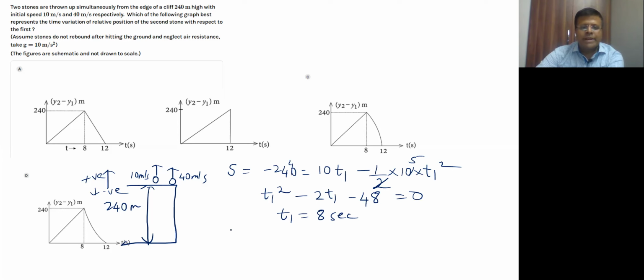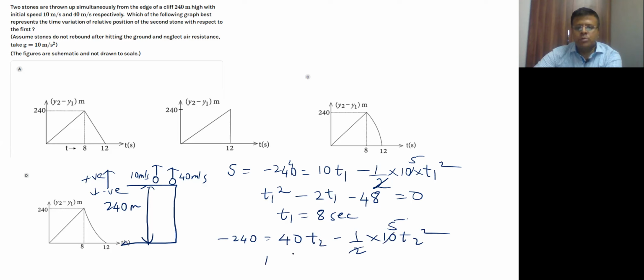Then similarly, you can write for the second one minus 240, which is equal to 40 into t2 minus half 10 t2 square. So this one will be t2 square minus 8 t2 minus 48, which will be equal to 0. So again, if you calculate this value, you will get this answer as 12 seconds.